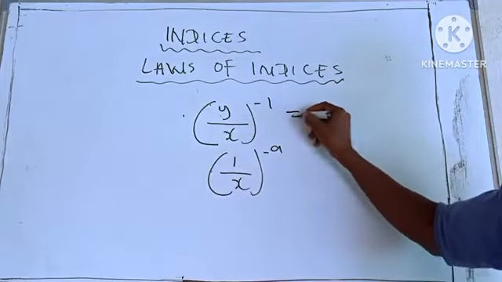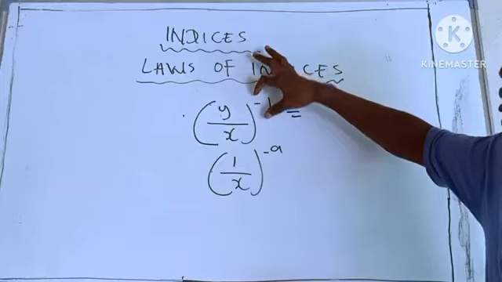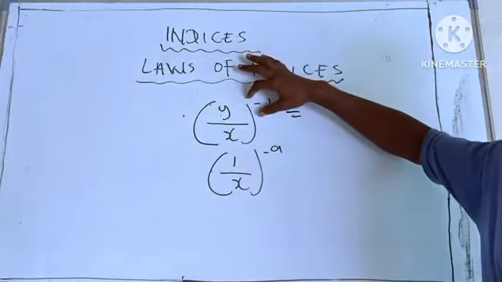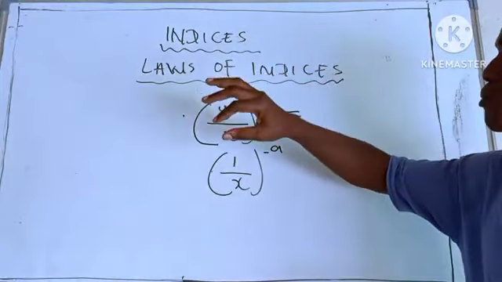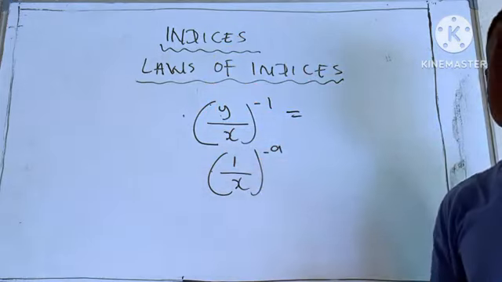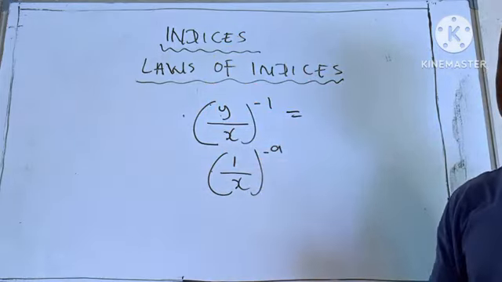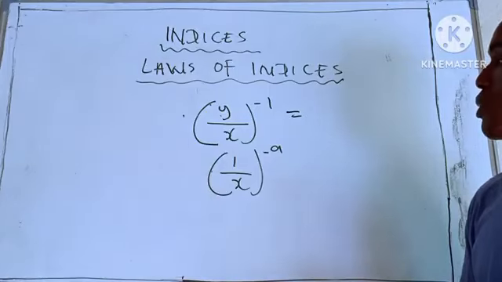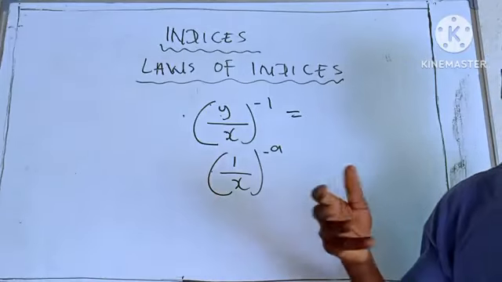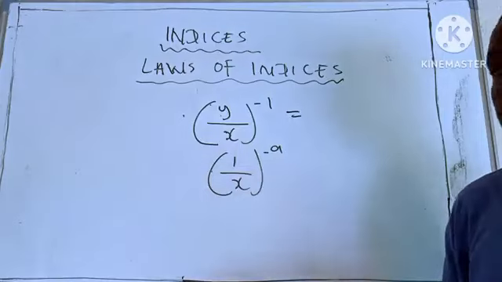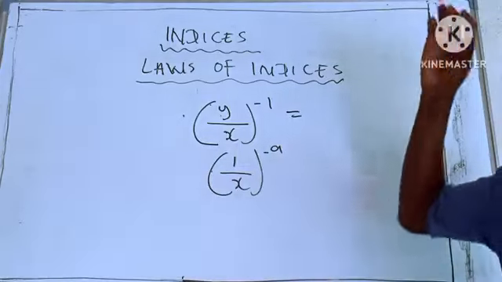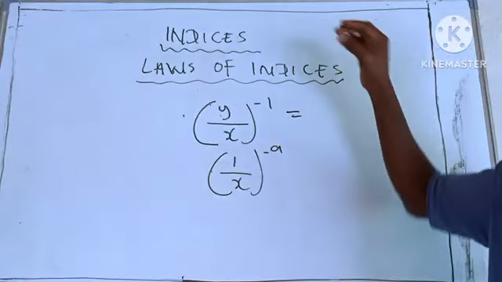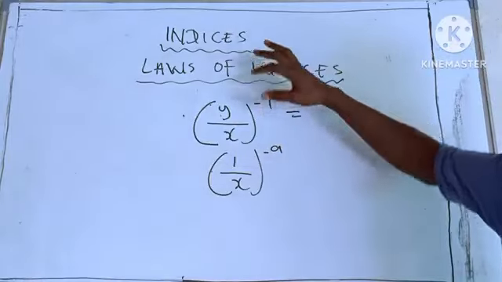Now, if you want to remove this minus sign, because without removing it, you'll be confused when solving, or you might end up getting a wrong answer. So the best thing to do is to remove the minus sign. Are you getting me?